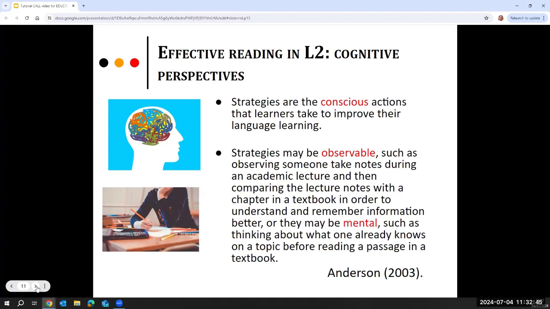You might compare these notes with the notes of your peers. And this strategy of note-taking helps you to understand, comprehend the text, remember information, make connections between the information that you have taken and your own experiences, and so on and so forth.